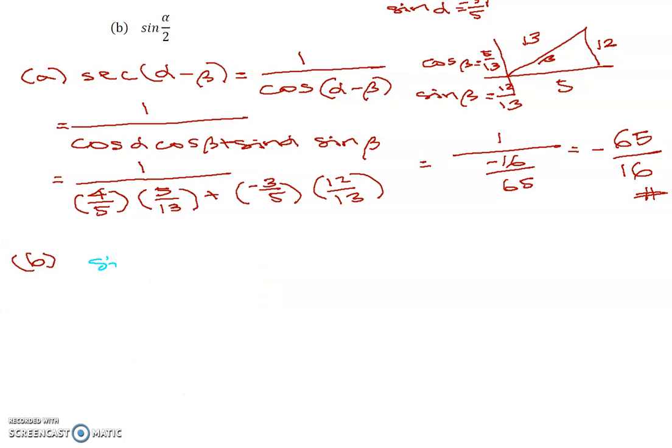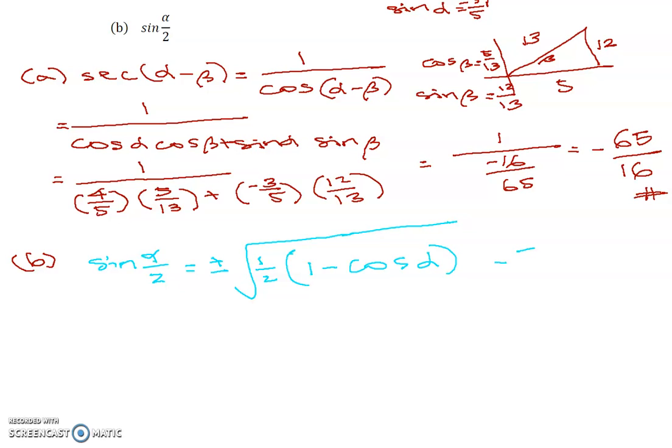There is no need to memorize formulas because formulas are provided. The formula is plus or minus, either plus or minus depending on the quadrant of the half angle, the square root of 1 minus cos alpha over 2.